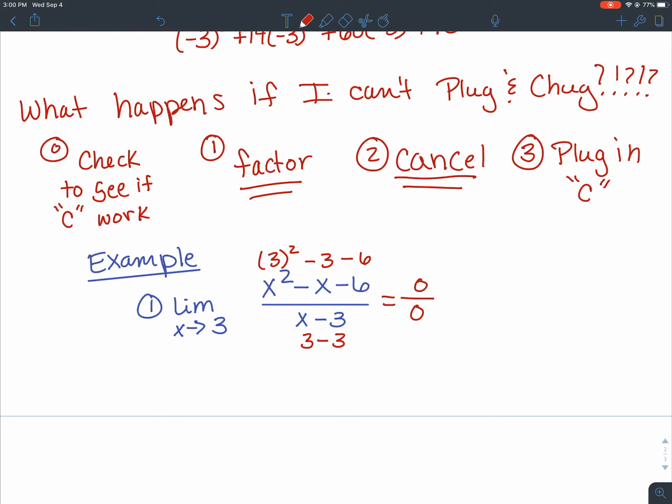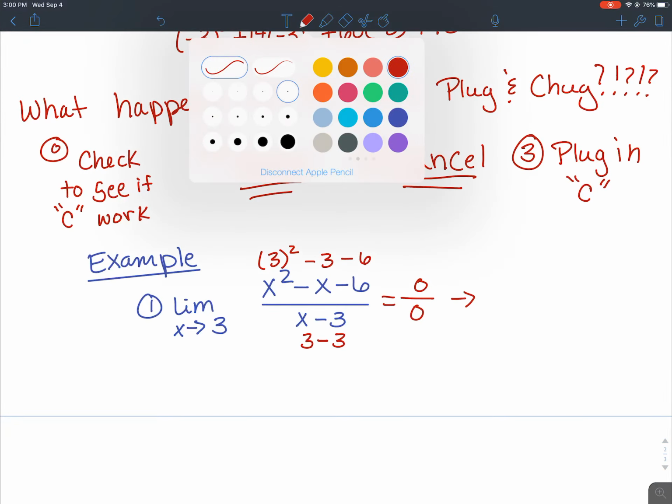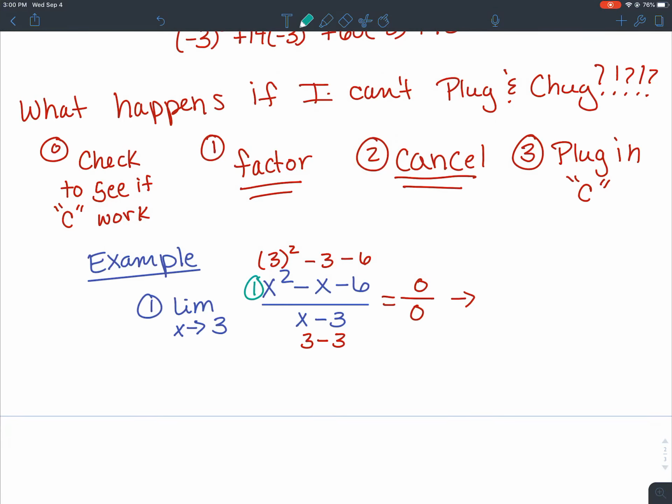Okay, so we're going to factor. Here we go. This is an easy factor problem. You're welcome. A is 1 times negative 6. I still do all that stuff. So factors of negative 6 that are going to subtract to give me the middle, which is negative 1. So there's only 2 factors, 1 and 6 and 2 and 3.